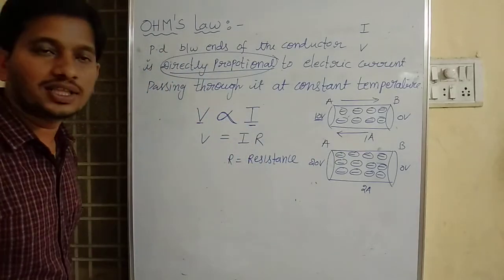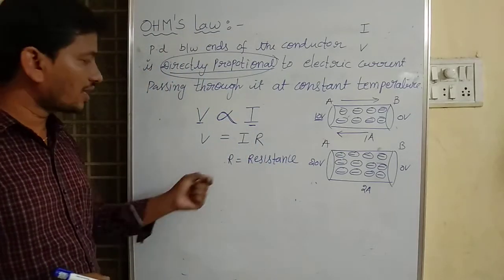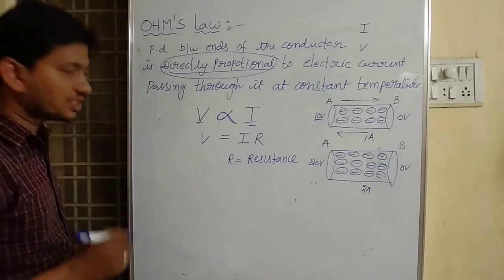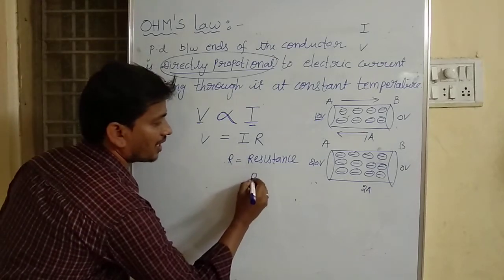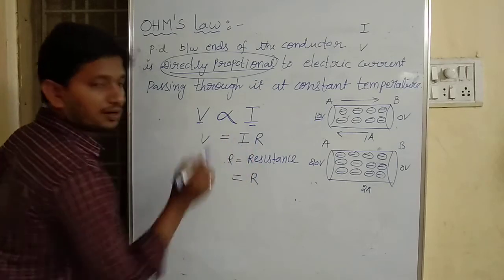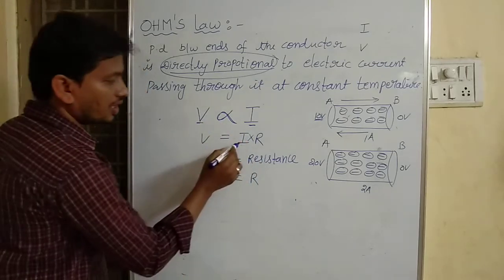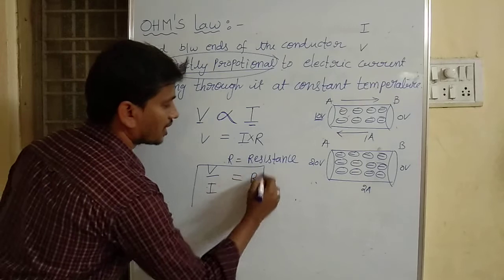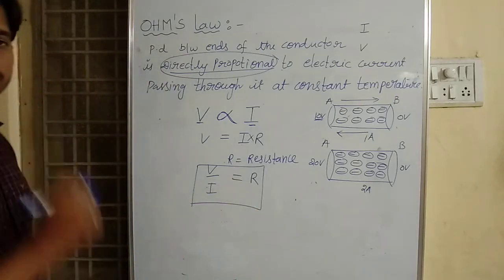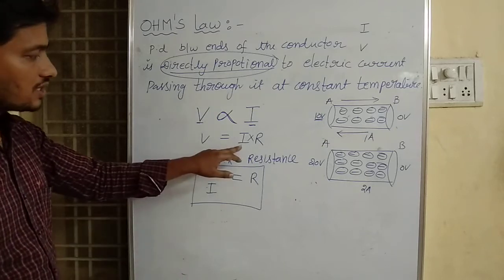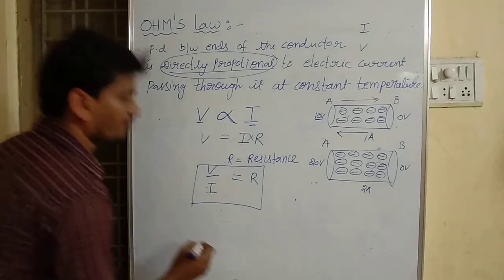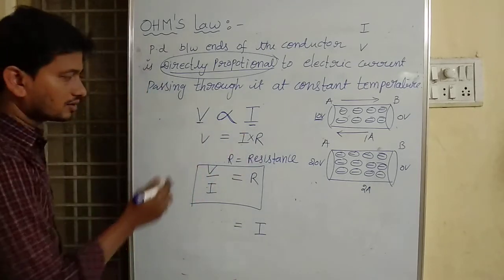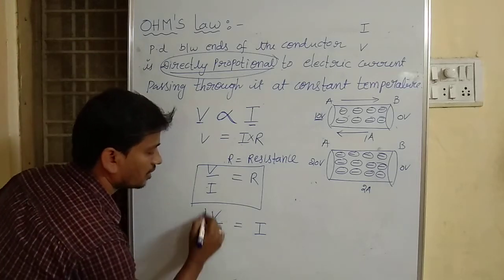Mathematically, I can write resistance R as V by I, since I is multiplying R and I transfer it to the other side. Also I can write I equal to V by R.